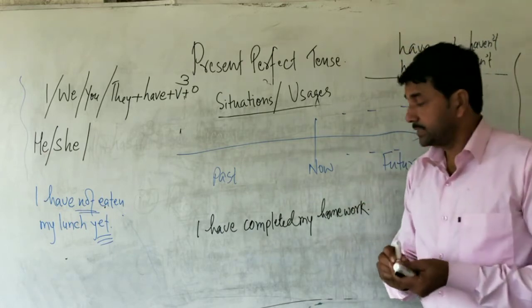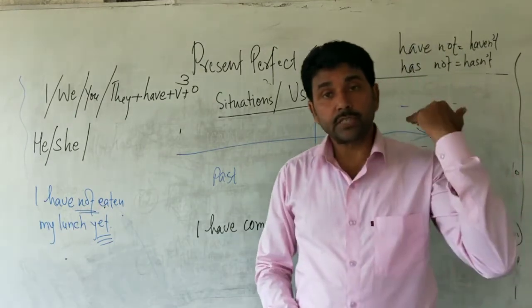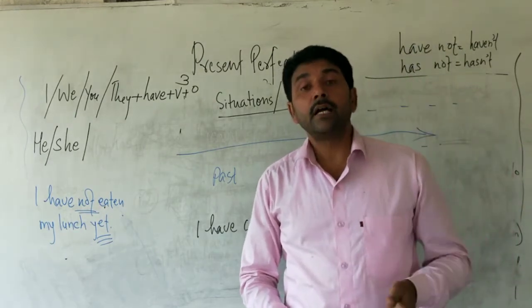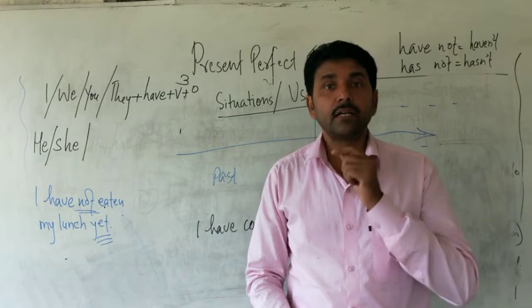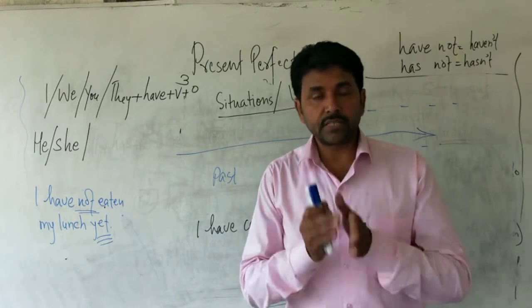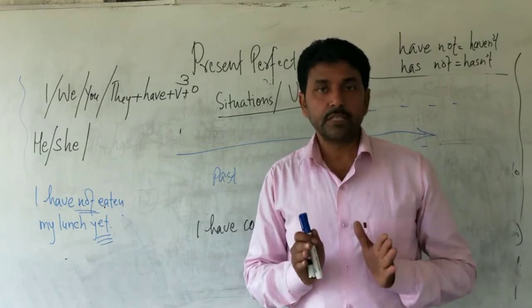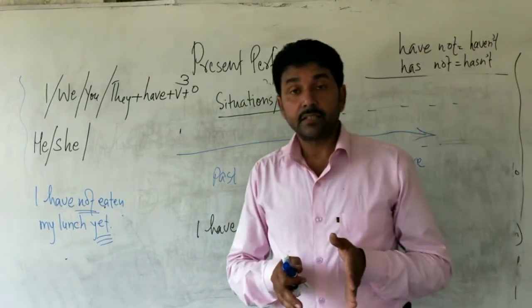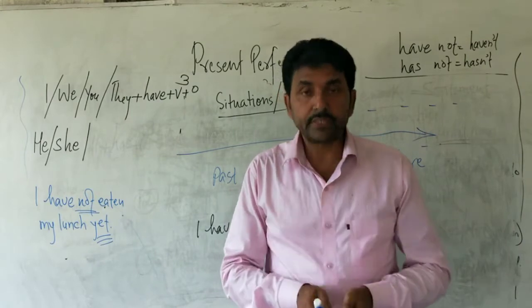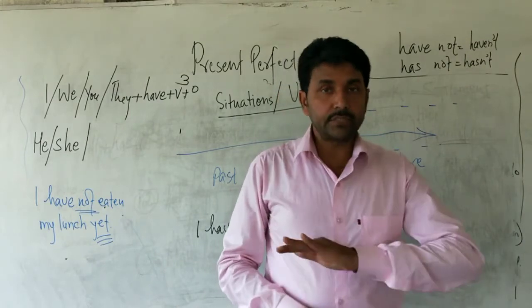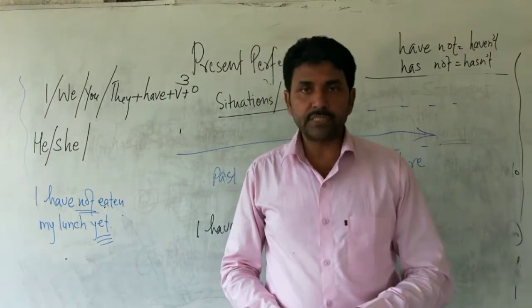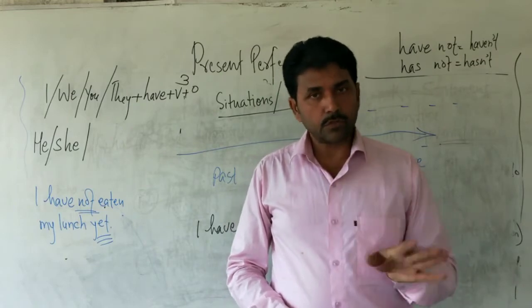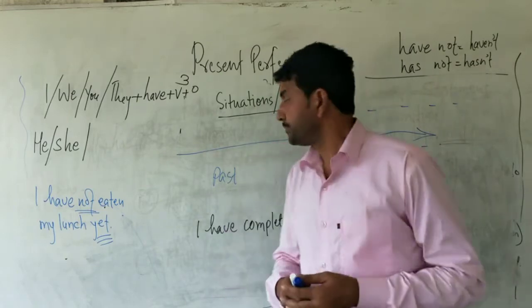We know that the action started in the past and finished by the time of our conversation. The action is completed, but still it has a relation with now. Until now, it is finished, or it has been completed recently.